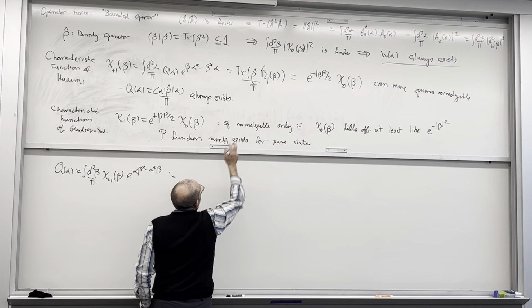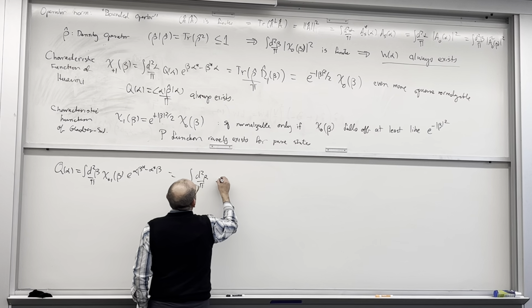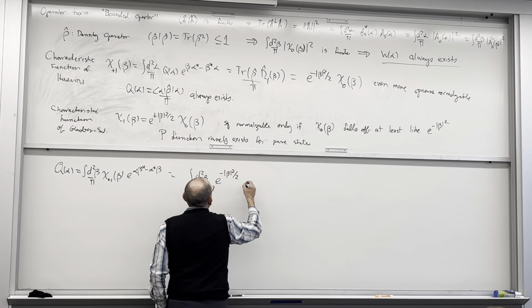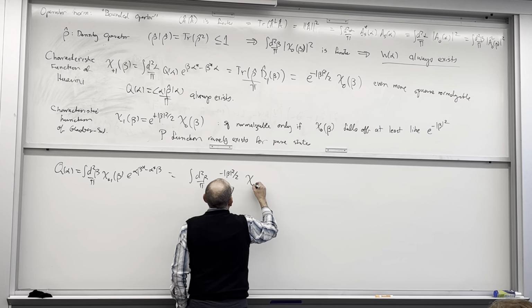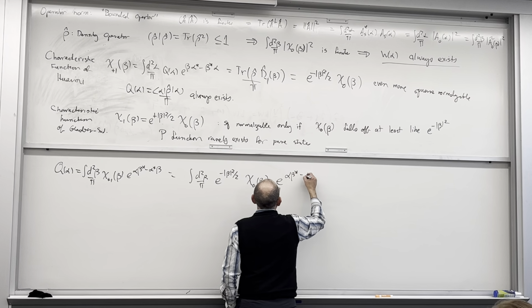And using what we wrote up here, that's equal to e to the minus beta squared over 2, chi 0 of e to the alpha beta star minus alpha star beta.